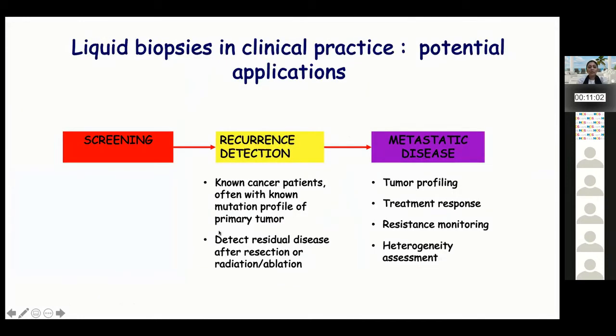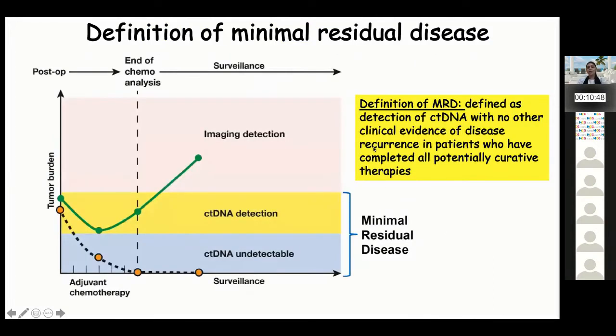Now, what about in that cohort of patients where you've actually treated them in the early stage setting, and you want to be able to detect early recurrence and perhaps escalate or de-escalate adjuvant therapy? So really the whole concept of minimal residual disease has come from the detection of ctDNA to be able to determine both prognostically whether a patient is going to do well and to try and predict if patients need additional chemotherapy.